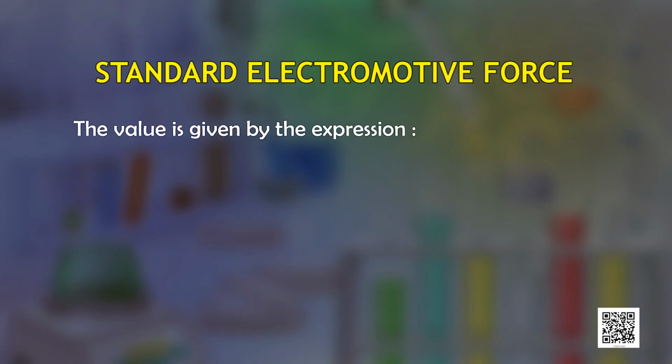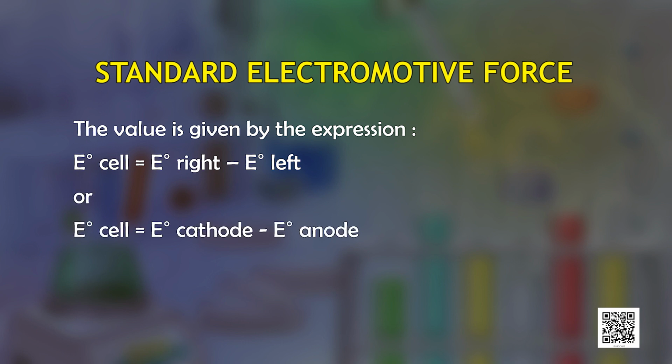The value is given by the expression E0 cell is equal to E0 right minus E0 left, or we may also write it as E0 cell is equal to E0 cathode minus E0 anode.